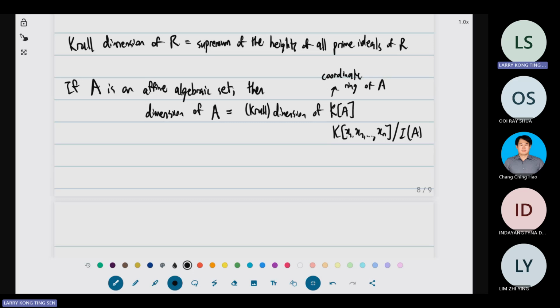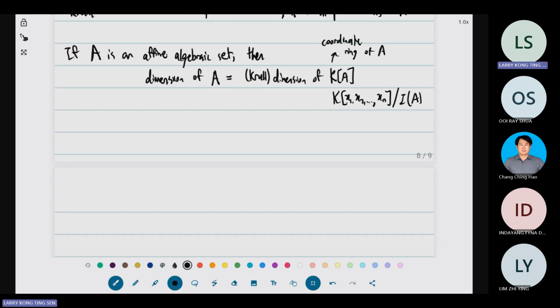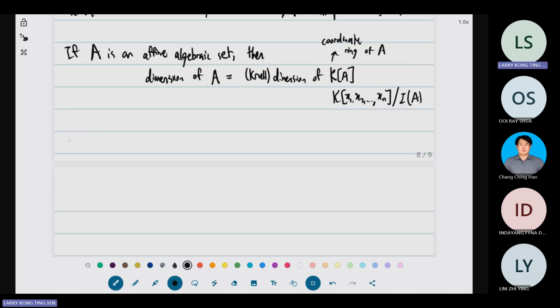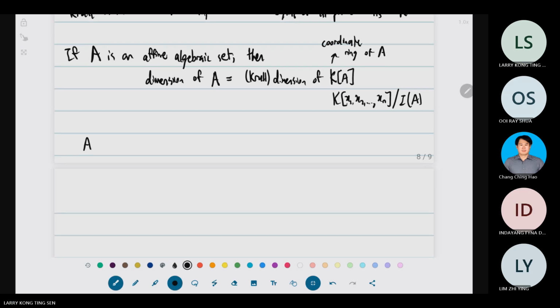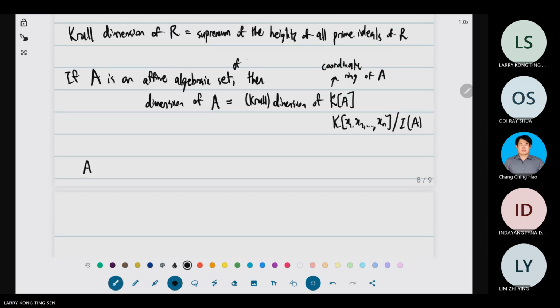And this one is relatively straightforward, and here's a proof. Okay, so A is this algebraic set.